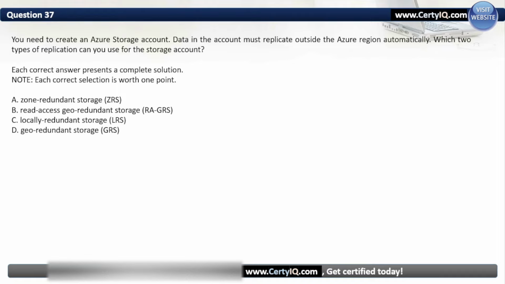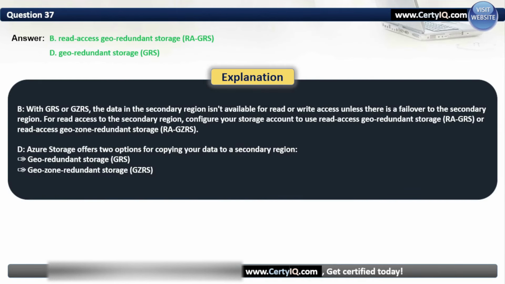The correct options are B and D, that is read access geo-redundant storage and geo-redundant storage. About option B, with GRS or GZRS, the data in the secondary region isn't available for read or write access unless there is a failover to the secondary region.